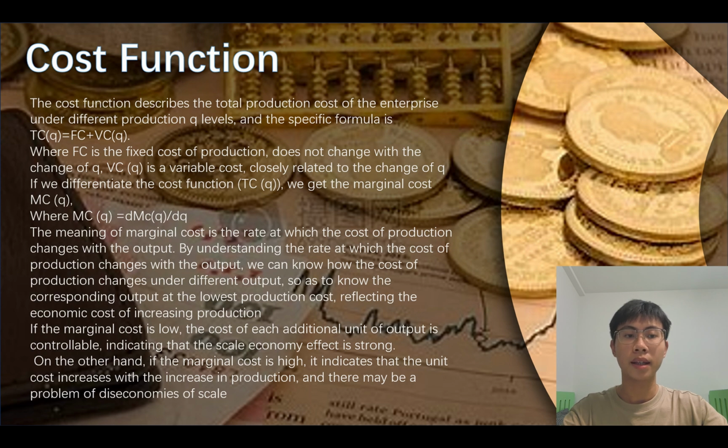By understanding this rate, we can know how the cost of production changes under different output, so as to know the corresponding output at the lowest production cost, reflecting the economic cost of increasing production.